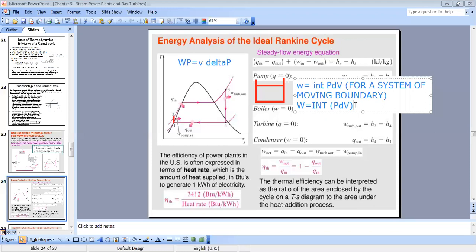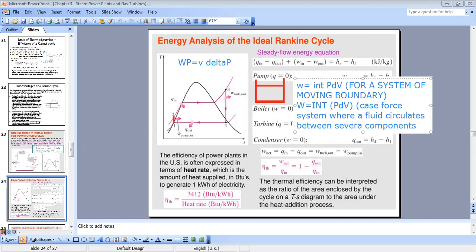So this is the case for a system where a fluid moves between components. So where a fluid circulates between several components.